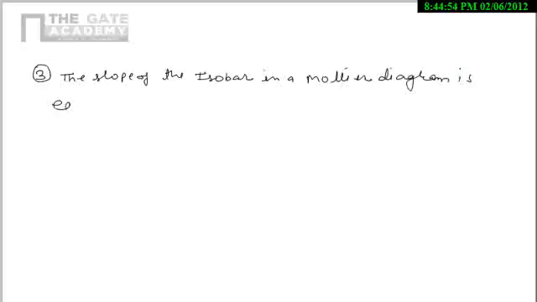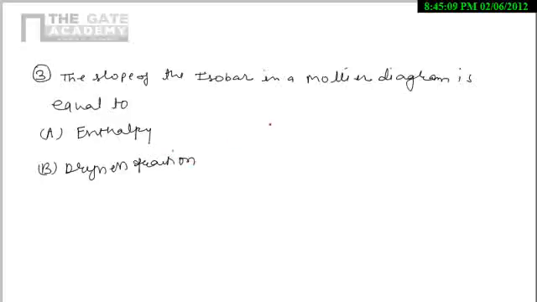The slope of the isobar in a Mollier chart or Mollier diagram is equal to: A, enthalpy; B, dryness fraction; C, temperature; or D, pressure. So now let's solve this problem.